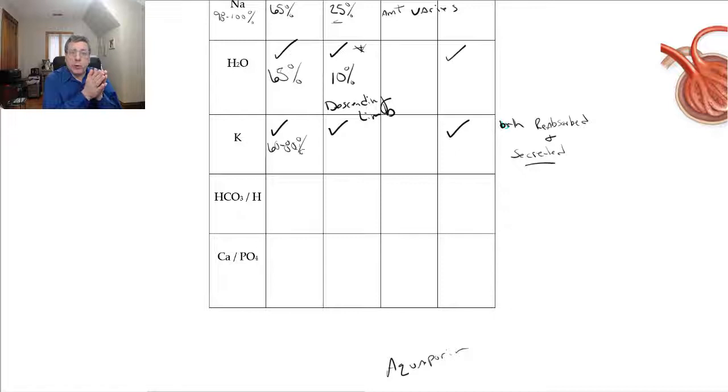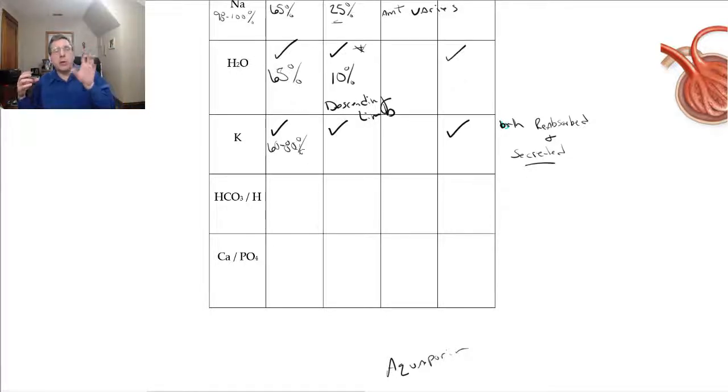As we remove water from the tubular fluid, so we're taking water out of the filtrate, can you visualize how that filtrate is becoming concentrated? Okay? If you remove water, then the remaining fluid is more concentrated.